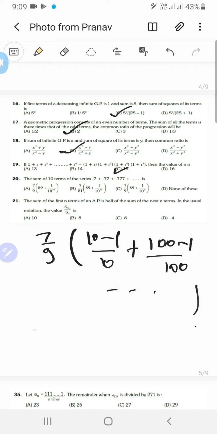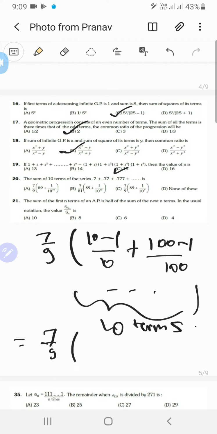It keeps on going like that, till 10 terms. That's 7 by 9. How many 1s do you get? 10 by 10 is 1, 100 by 100 is 1. These ones, you get 10 of them, and then you have minus 1 by 10, 1 by 100, 1 by 1000, stuff like that.